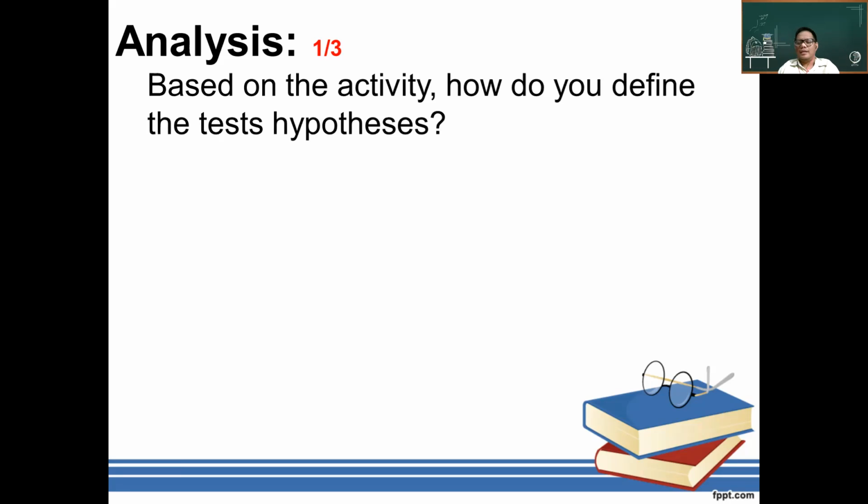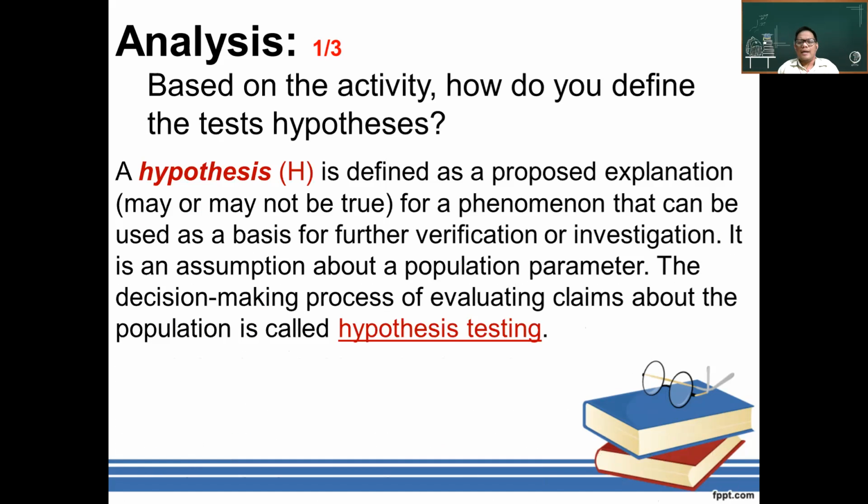Of course, here, hypothesis, which is denoted with H, is defined as a proposed explanation. It may be true or not true, okay? It needs an experiment or answers to confirm the validity or the true form of it, for the phenomenon that can be used as a basis for further verification or investigation.